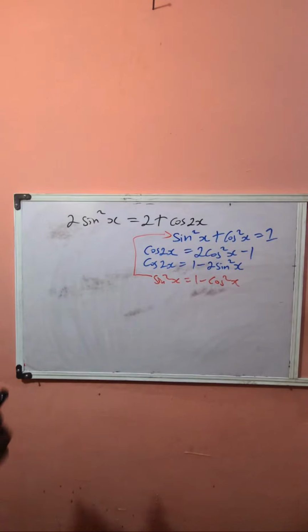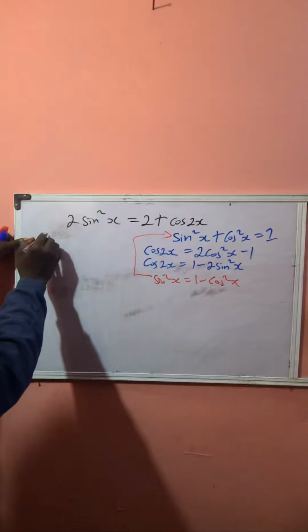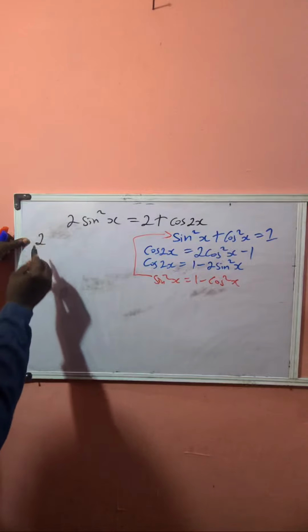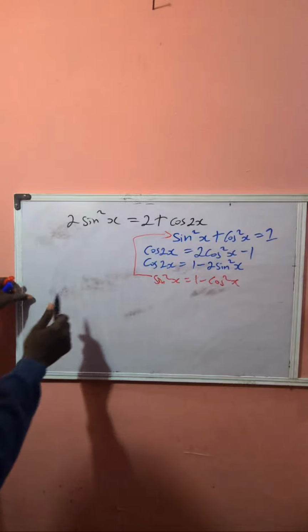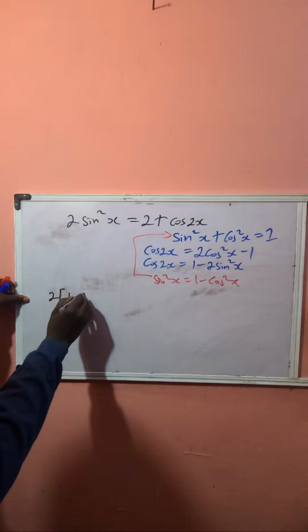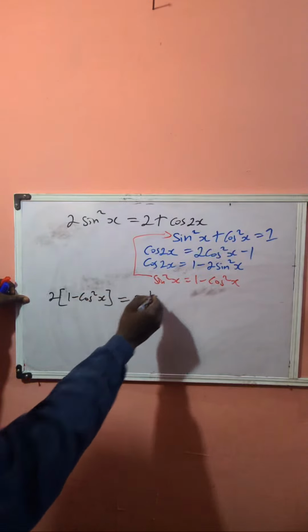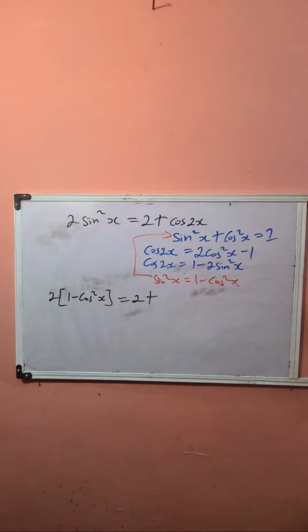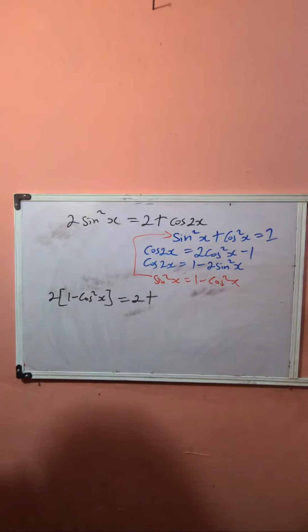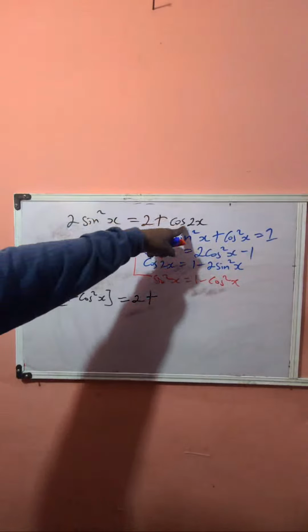So now I go on to write 2 times 1 minus cos square x will be equals to 2 plus cos 2x.